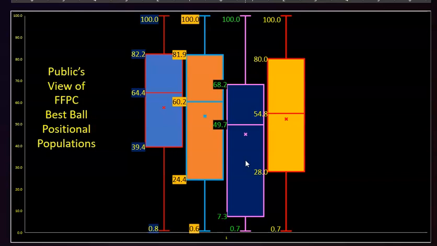So in other words, I think the public is probably the most accurate overall on wide receivers. Probably not surprising. Again, there's a nice yearly carryover here, so it may be harder to find your bargains on wide receivers.